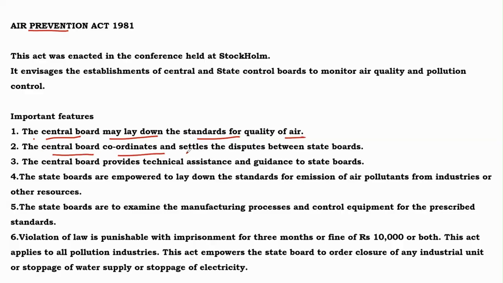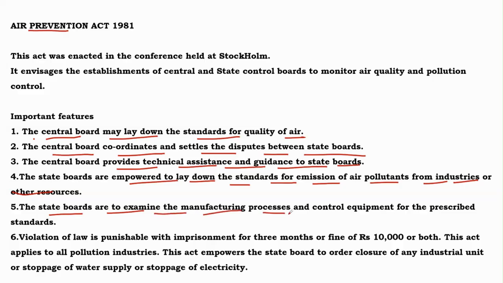The central board coordinates and settles disputes between the state boards, provides technical assistance for guiding the state boards, and is empowered to lay down standards for emission of air pollutants from industries or other sources. The state boards examine manufacturing processes and control equipment for the prescribed standards. Violation of the law is punishable with imprisonment for 3 years or a fine of 10,000 or both.